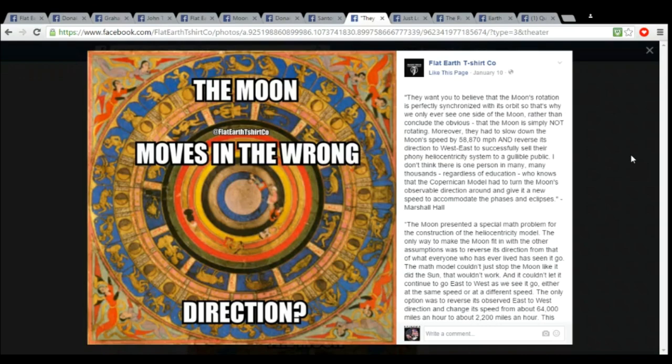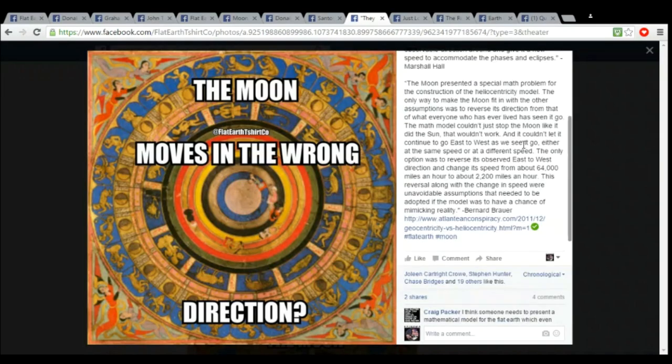Regardless of your education, basically the Copernican model had to turn the moon's observable direction around and give it a new speed to accommodate the phases and eclipses. The moon presented a special math problem for the construction of the heliocentric model.